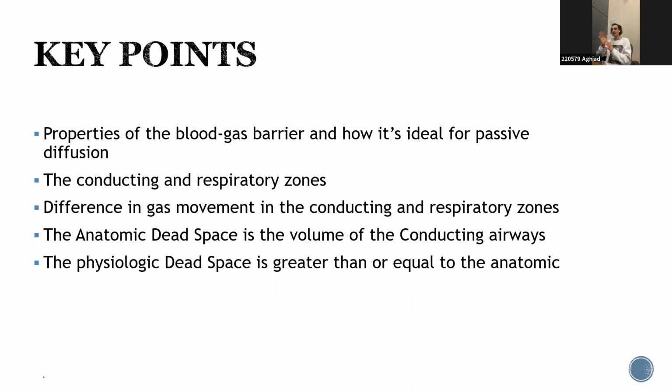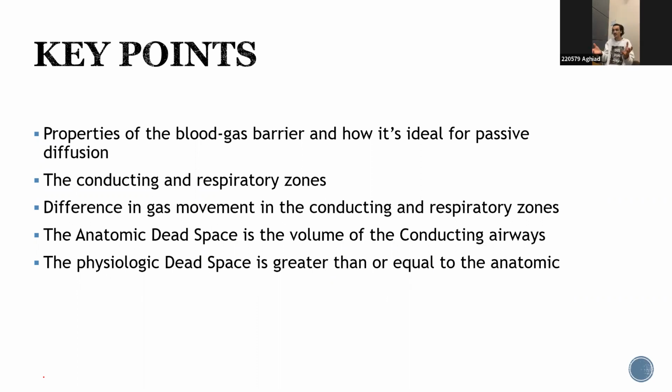Again, we've discussed the properties of the blood gas barrier and how it's ideal for passive diffusion. Its anatomy, the conducting and respiratory zones. We talked about these, bulk flow, and where gas exchange happens. The difference in gas movement in conducting and respiratory zones, bulk flow or diffusion. The anatomic dead space is the volume of the conducting airways, the 150 we've talked about.